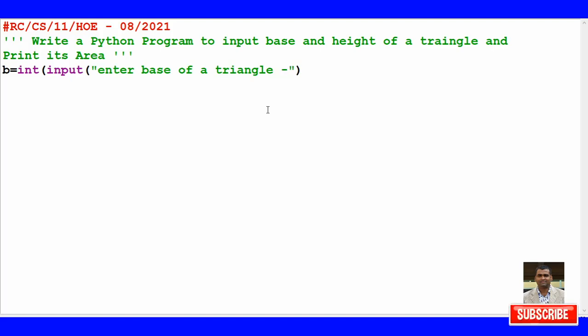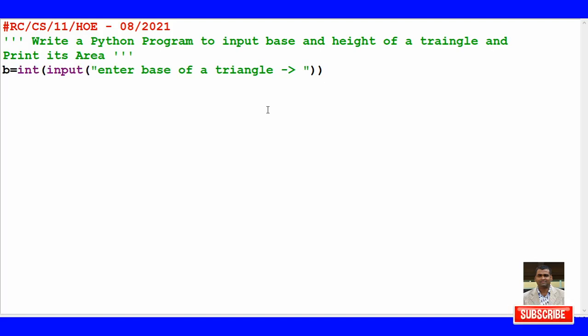Now it's up to you, you can go for float. Then instead of integer, what do you change here? Float, right? So I am making it integer only. You try with float, no problem.